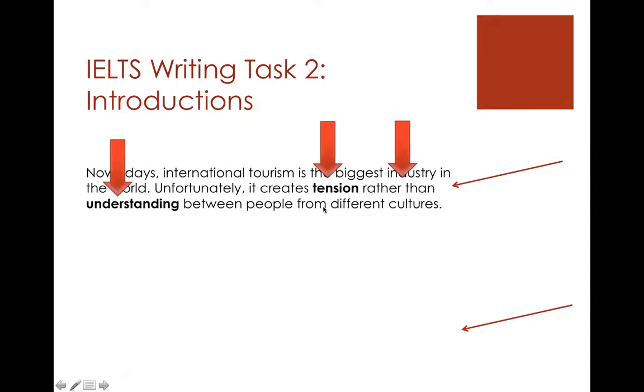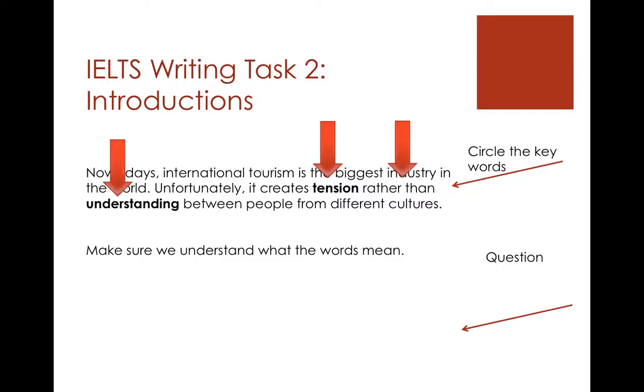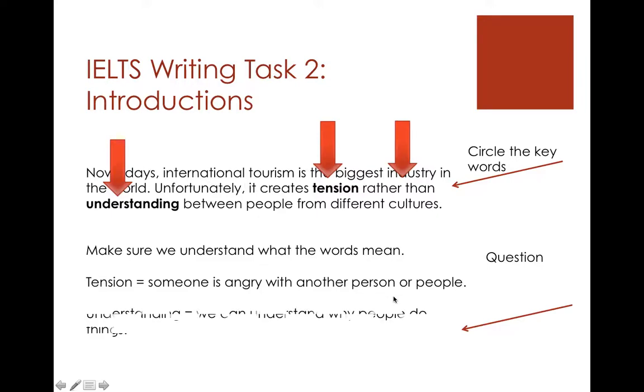Now you can see in here, the statement is here. It creates tension. So we circled the keywords and we need to make sure we understand what the words mean. Tension means someone is angry with the other person or people. Understanding means we can understand why people do things.